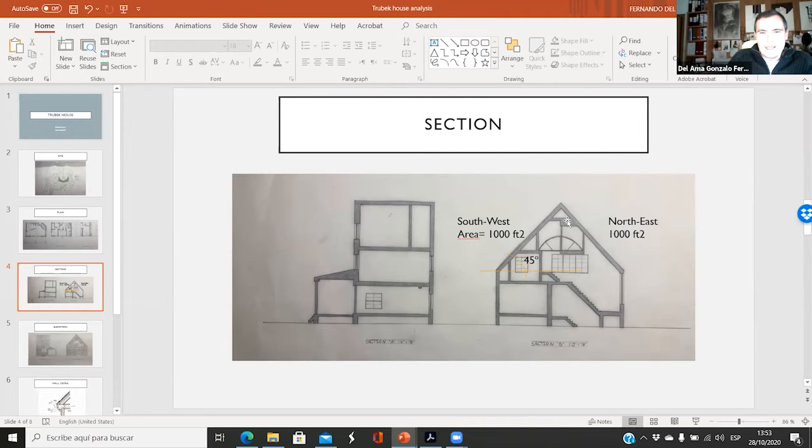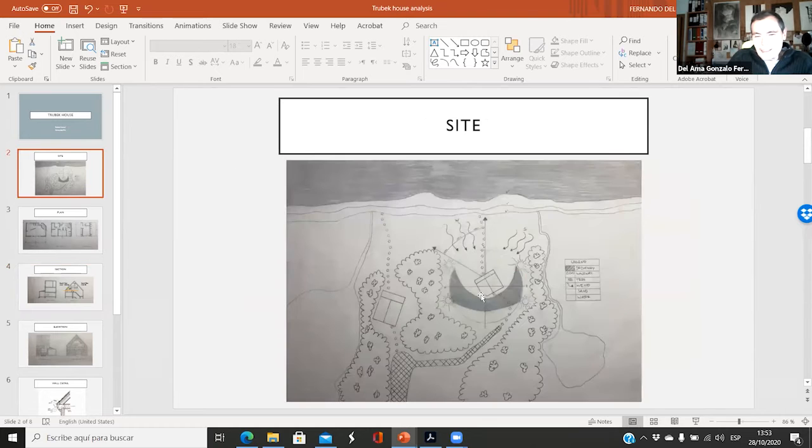Now the question is, how much area of PV panels do we need? This is the area that I have available, at least in my footprint. It's good having this site plan, because if we need more PV area, I can use part of my site. Of course, I cannot place PV panels underneath the trees because it doesn't make any sense.